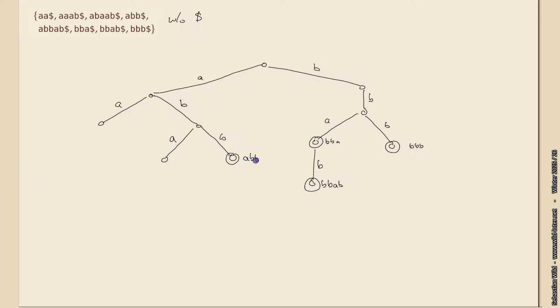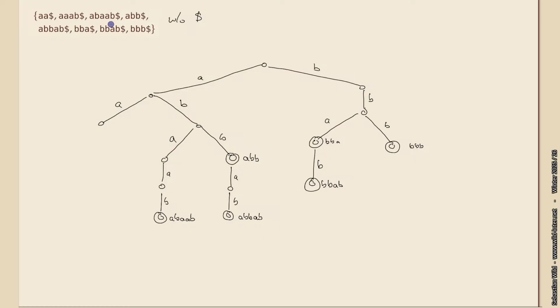But it also continues with another A and a B to A, B, B, A, B. And A, B, A, I can continue with A, B. Then I get A, B, A, B. That's that guy.